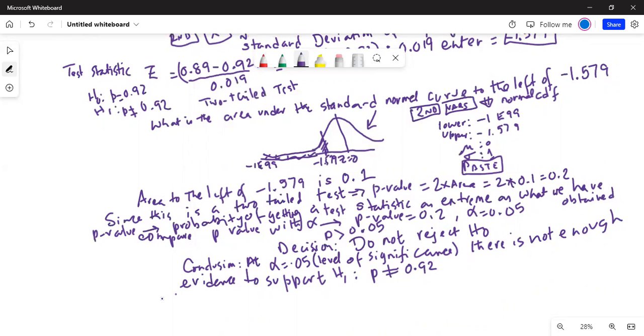So that is the long way of doing it. What is the short way? The short way with the TI-84.